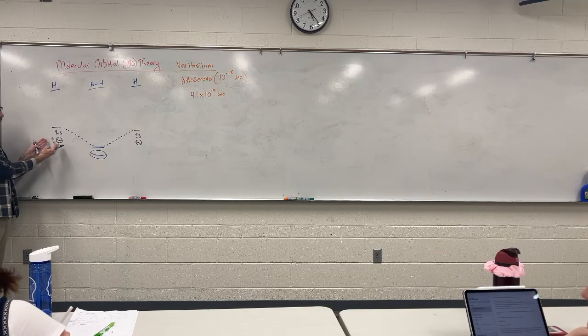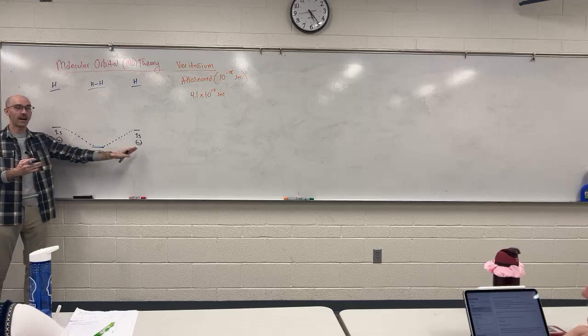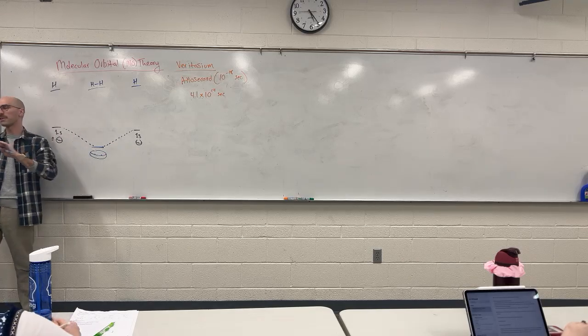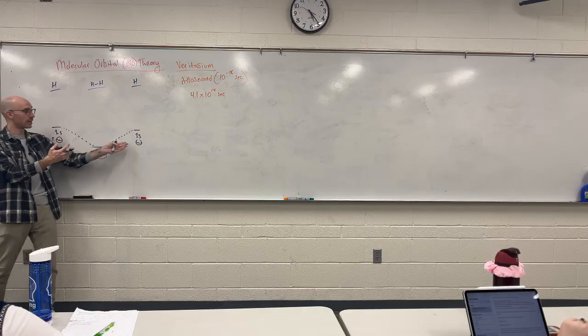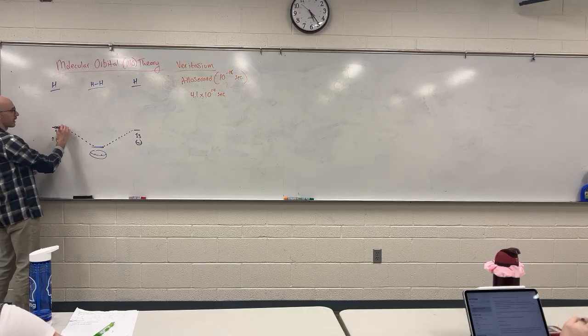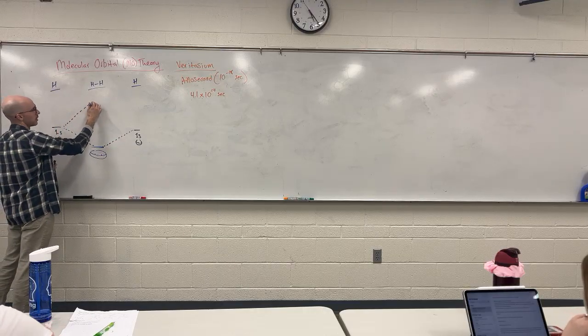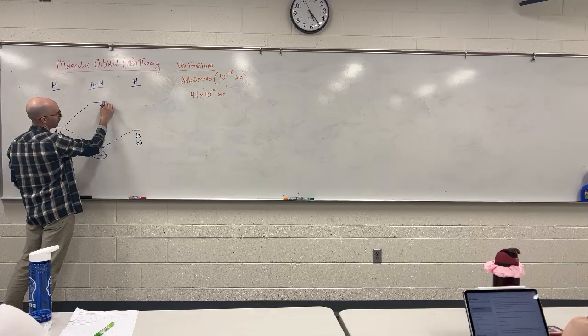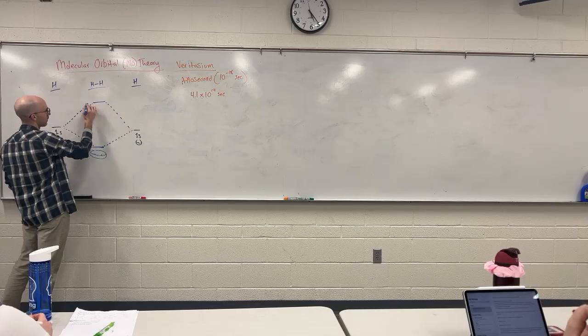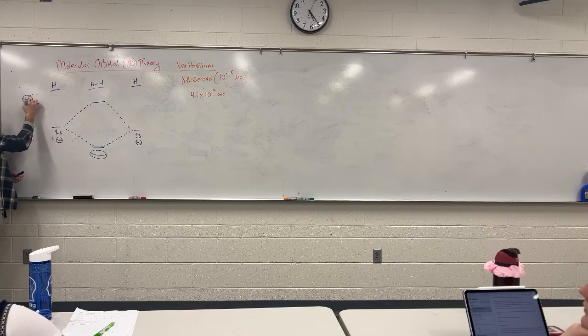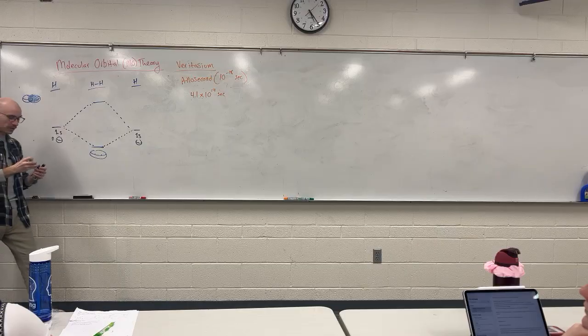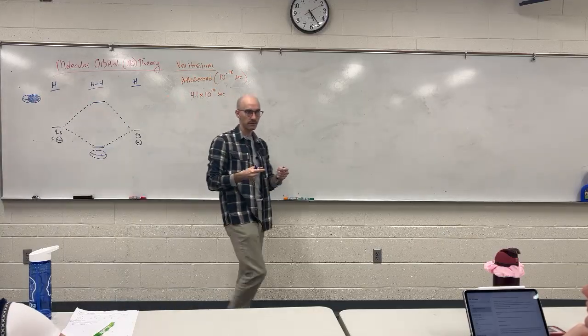What happens if one of these is in phase while the other, what happens when these are out of phase? What happens when one is positive and one is negative? We get destructive interference, which leads to an orbital of higher energy than the previous orbitals. And again, this would be like taking a shaded sphere and an unshaded sphere and overlapping them.